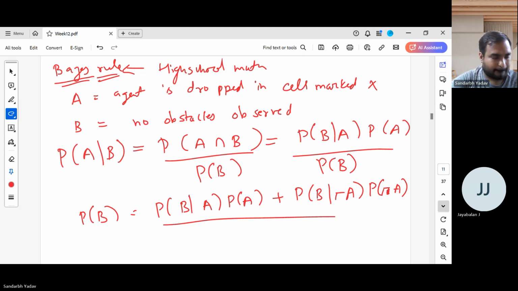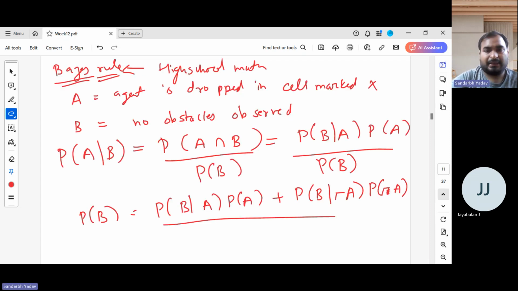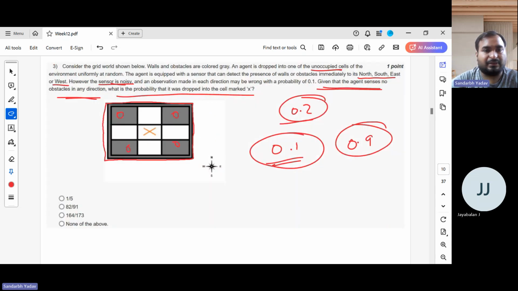Now first of all, let's see the probability of event A. A says that the agent is dropped in the cell marked X. So the first component in our numerator will be 0.2 itself, because they mentioned that it's dropped uniformly at random. And it's saying that it doesn't observe any obstacles.